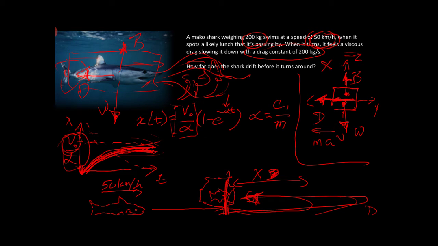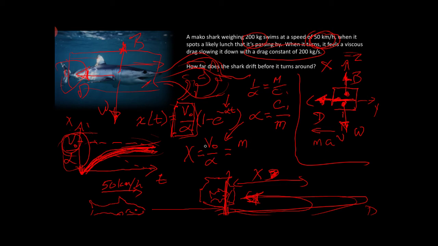And now I've got a bunch of crazy stuff with lines all over the place. So it appears that we need to get this part. This is going to be what our x is. So our x is going to be the v naught over alpha, but we're going to have to substitute that alpha in there. So that's going to be the mass, since it's 1 over alpha. 1 over alpha is just the opposite of alpha, right? Instead of C1 over M, it's M over C1.